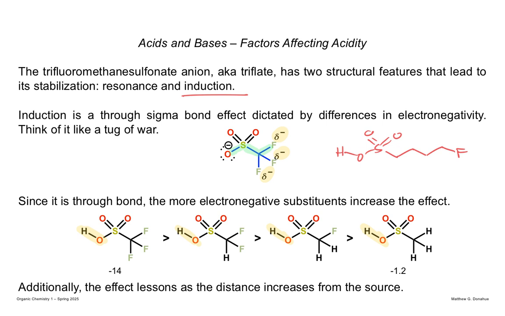So it can't help as much because it's going through a lot of bonds now. And really the way to think about that is, see this CH3 group? This whole thing now sort of resembles CH3 because that's so far away. So the pKa of this is probably similar to that negative 1.2.